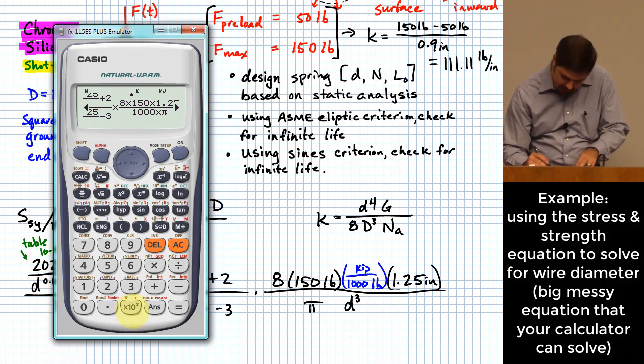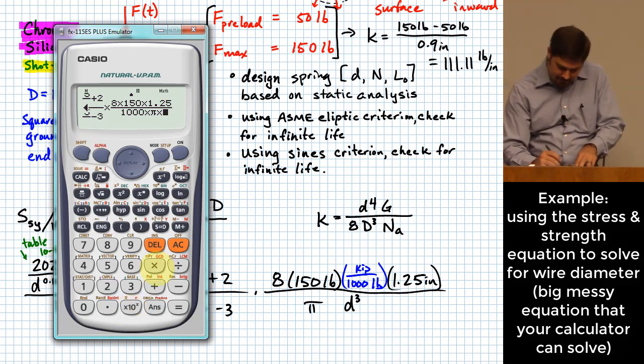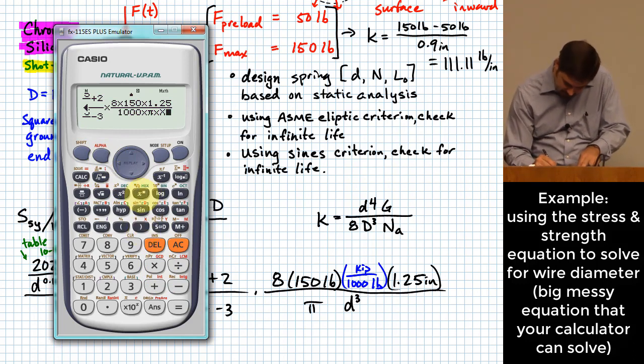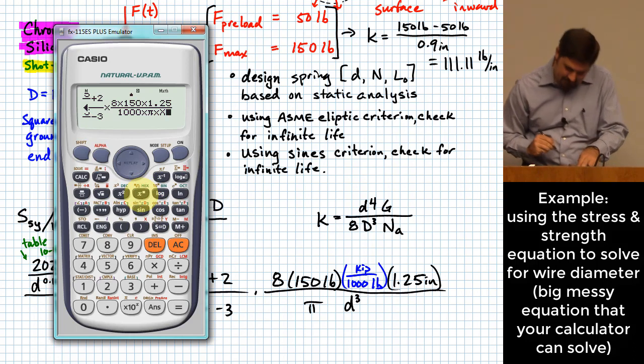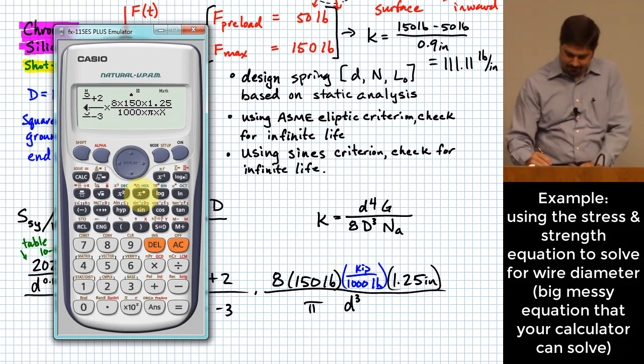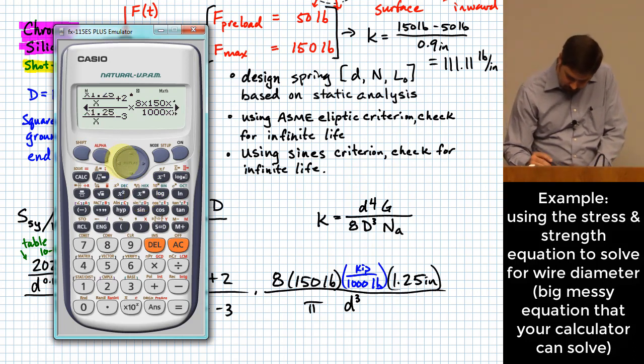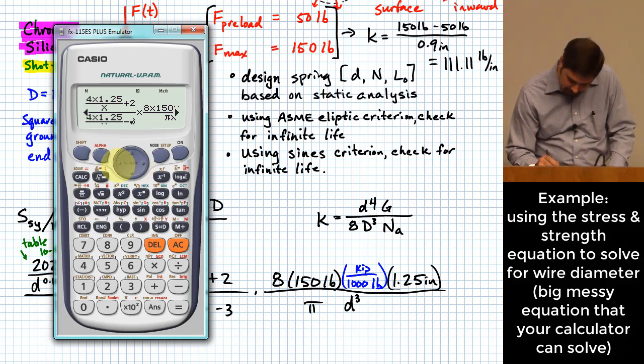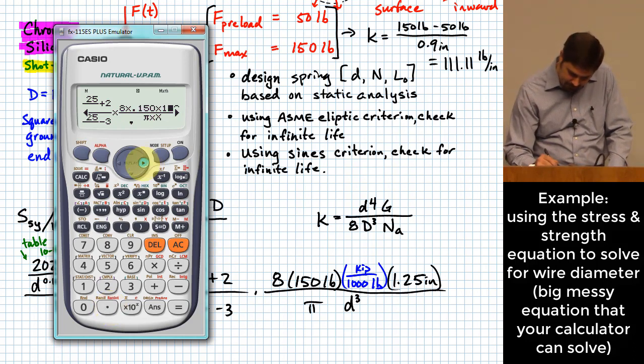Am I going to make it? Times x. Almost made it. What can I do here? Yeah, here's what I'm going to do. I'm going to take this 150 and do what? 0.150. That should do it, right?